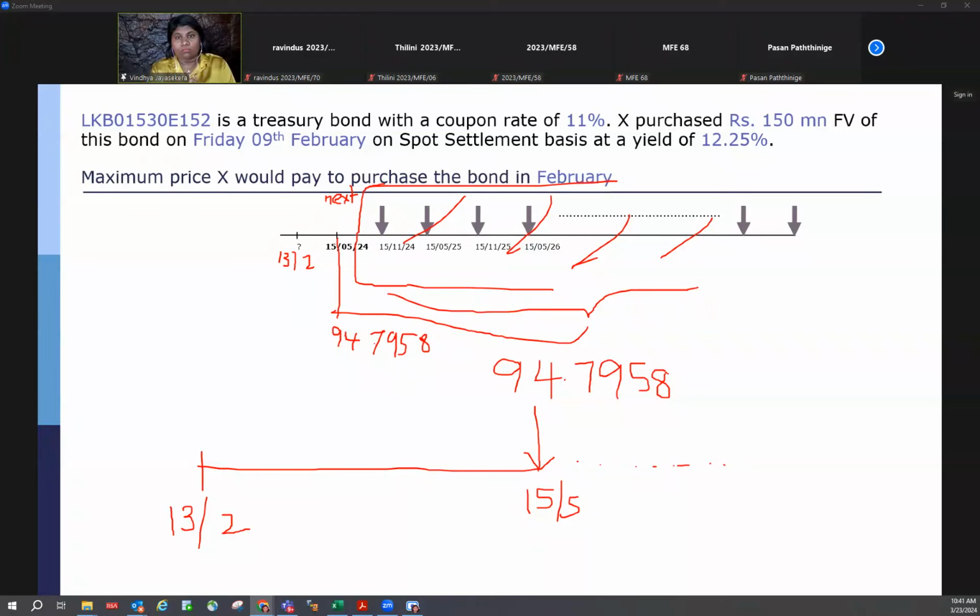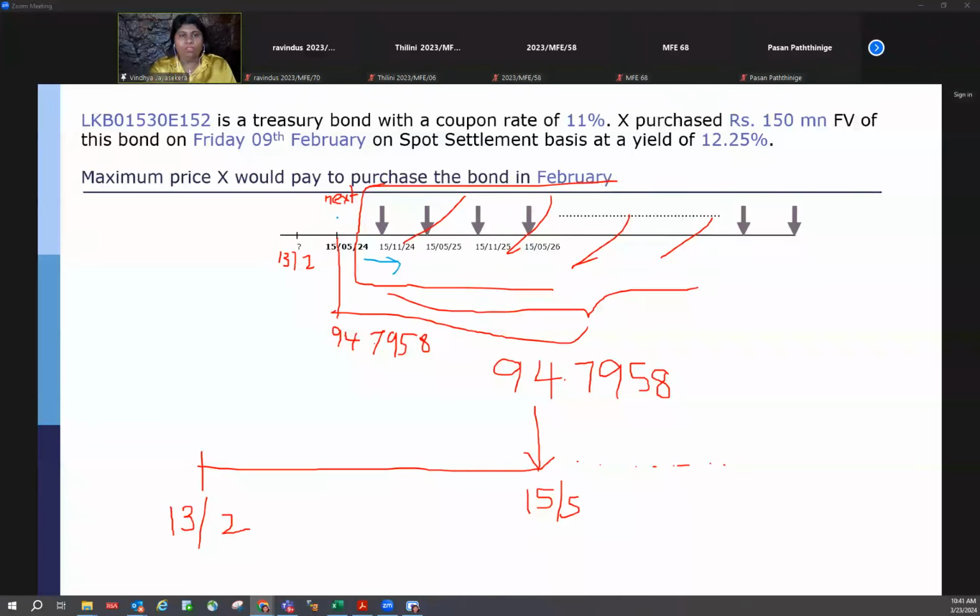We'll have to add the coupon amount as well. That's correct, yes. So it is only half correct to say this because like Prasad pointed out, you have another cash flow. These are future cash flows. As at 15th of May, these are in the future, right?